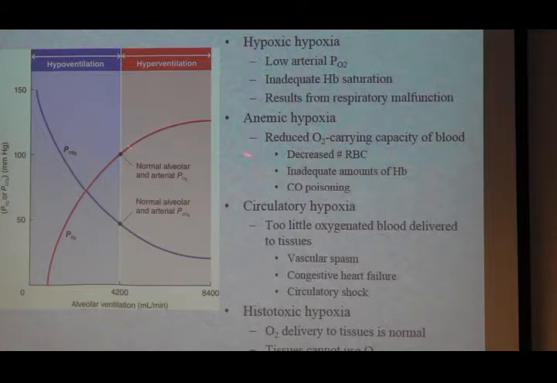Very common, anemic hypoxia, where you have a reduced oxygen carrying capacity of blood, either because of a decreased number of red blood cells, or because there's not enough hemoglobin, or the hemoglobin is there but the structure is deficient.